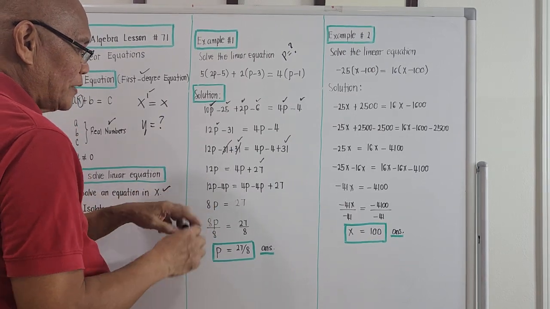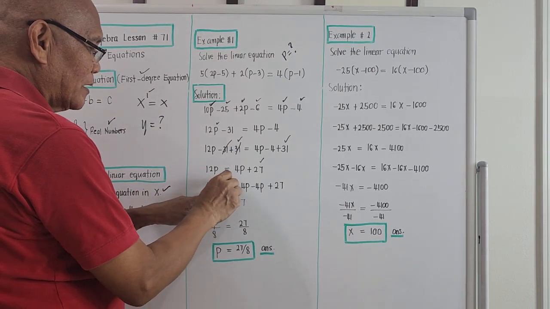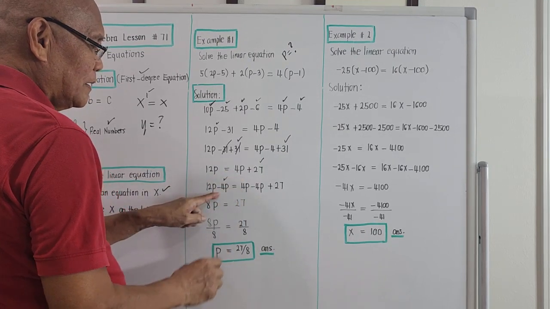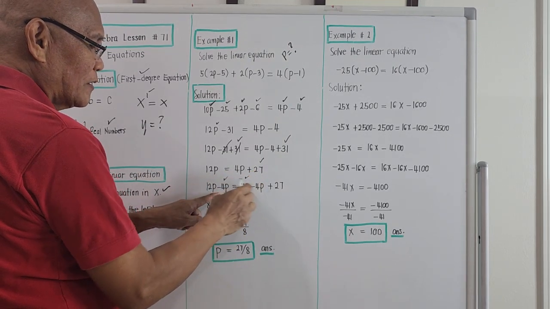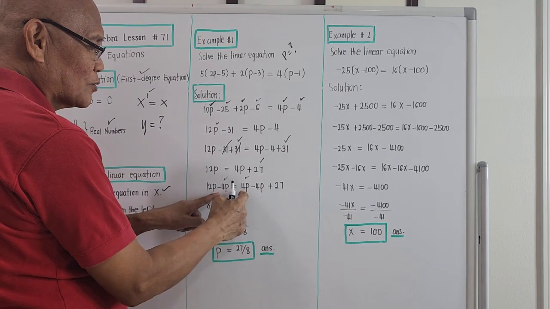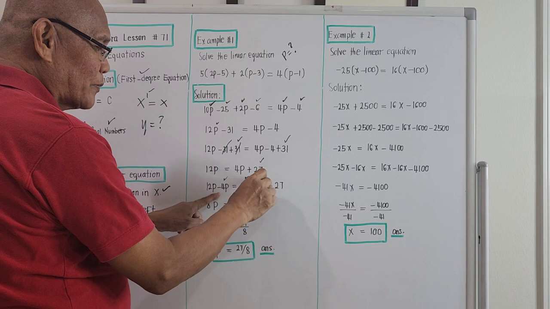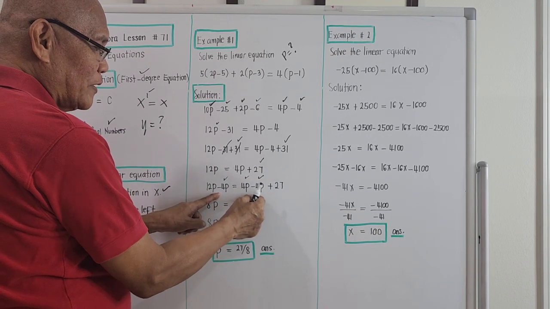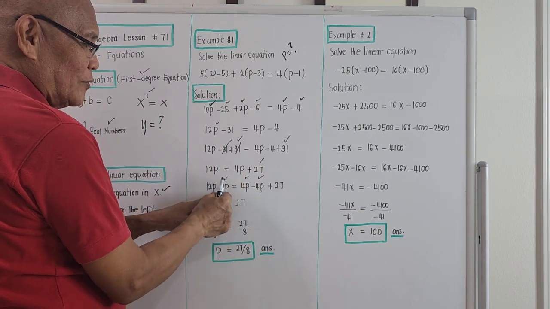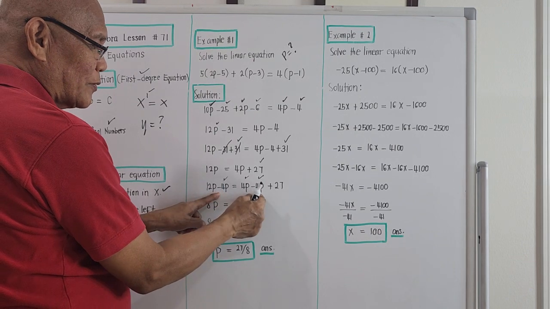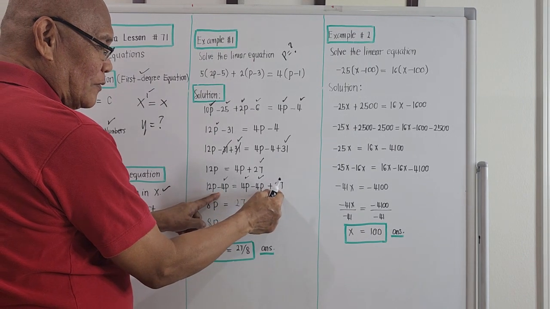We will rewrite 12p. I will write negative 4p here. I will rewrite 4p on the right hand side. I want to eliminate this one, so I must subtract a value same as its value, minus 4p. So this is minus 4p, okay? We subtract minus 4p, we subtract minus 4p, okay? Plus 27.